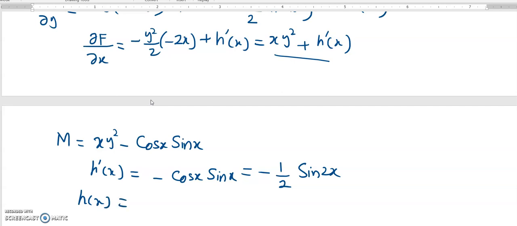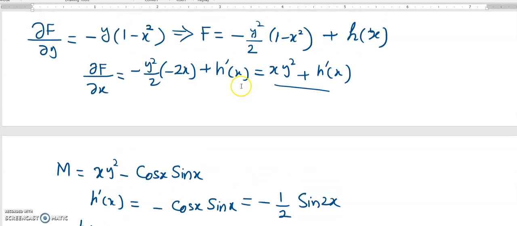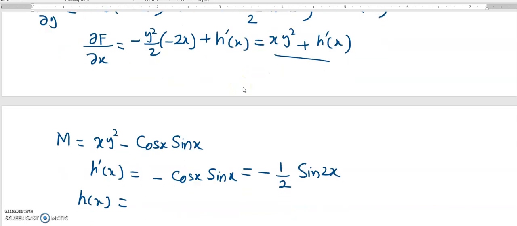So h of x will be equal to minus 1 by 2. The integral of sine is minus cosine 2x, and from the chain rule it will be divided by 2.